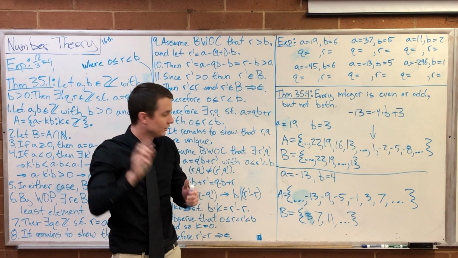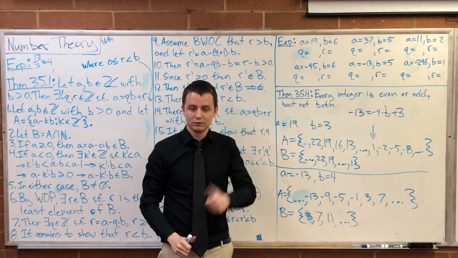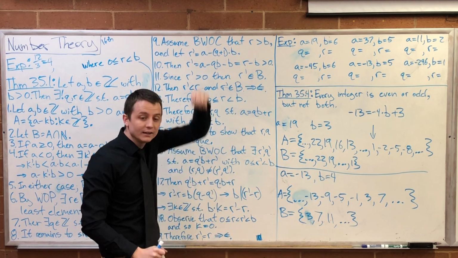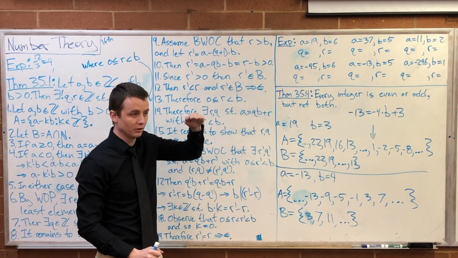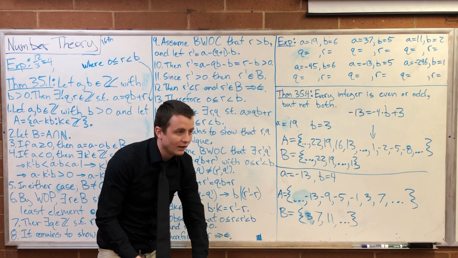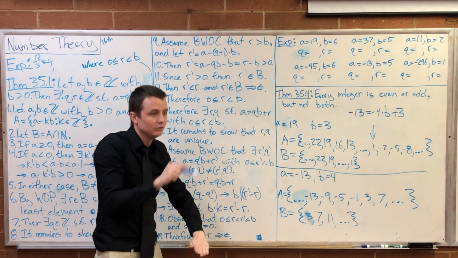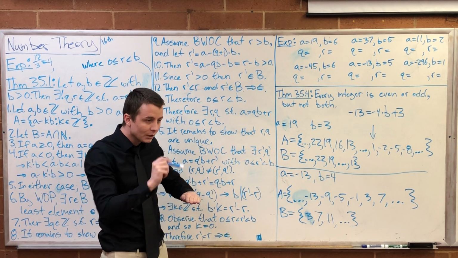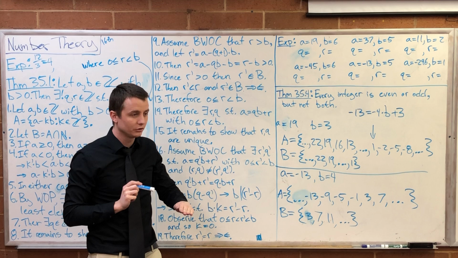So if you got a remainder negative 1, just add one more b to it, and that will get it back positive. Because you're just adding and subtracting b's to the number that you start with. You start with a and you start subtracting b's, or you start with a if it's negative and you start adding b's, as many as you can, until you have the smallest positive number as your remainder. How many times did you do it until you got your smallest positive number as your remainder?